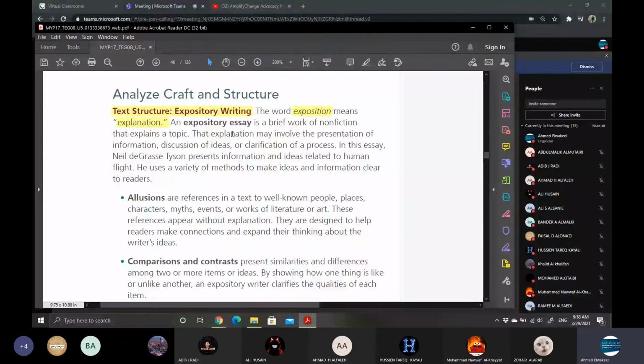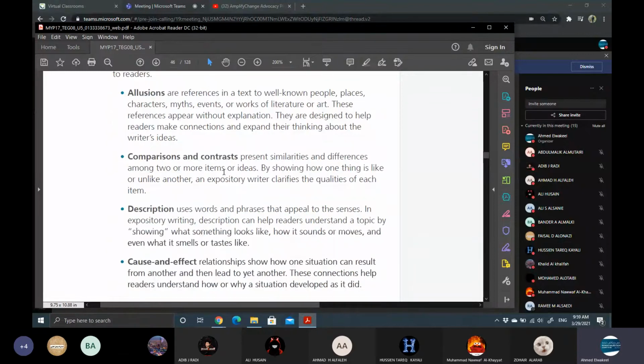The expository essay written by Neil deGrasse Tyson presents information and ideas about human aviation, the history of aviation and human history, how we started and where we have gone. While doing so, Neil deGrasse Tyson used a variety of methods to present his idea and explain his essay.